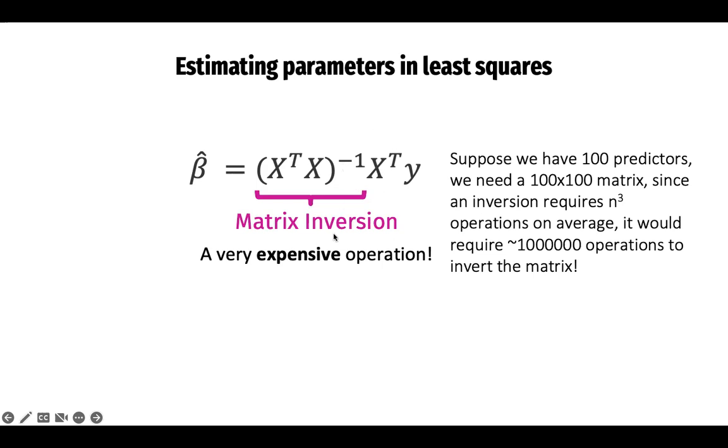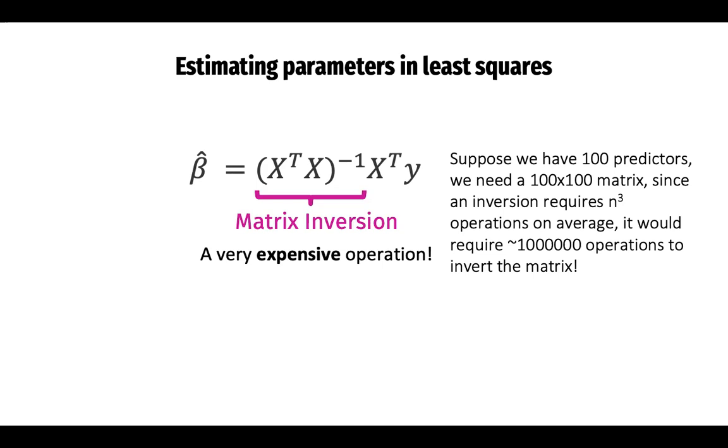So this is a very expensive operation, especially when we have a lot of predictors. Supposing we have 100 predictors, we'll be needing a 100 by 100 matrix. And this inversion requires at least n cubed operations. So that means that we are going to need at least 1 million operations to invert the matrix.